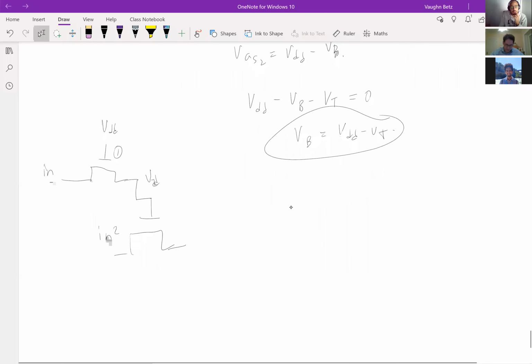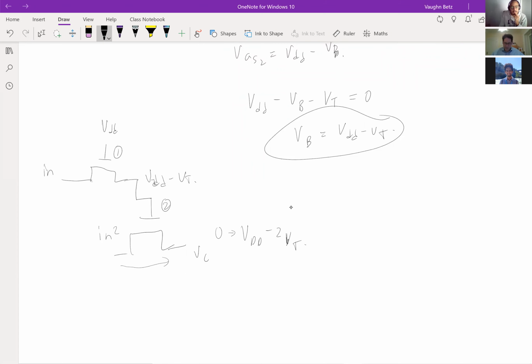Your gate voltage is going to be VDD minus VT on this second transistor, and you will drop a second threshold voltage. Let's call this VC. VC will only swing between 0 and VDD minus 2 VT.